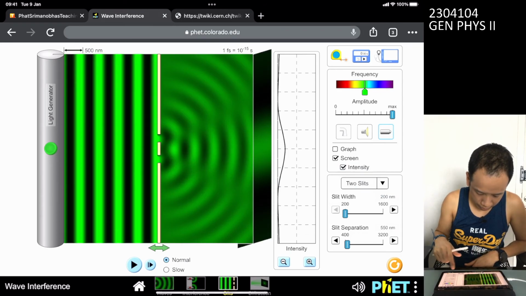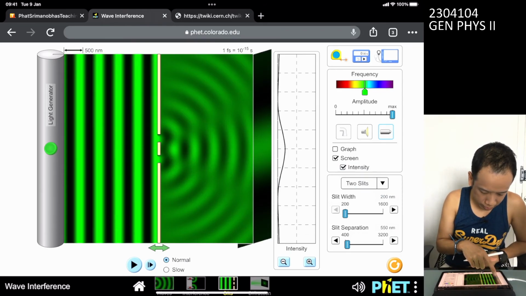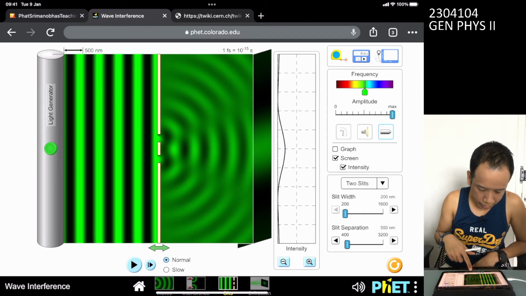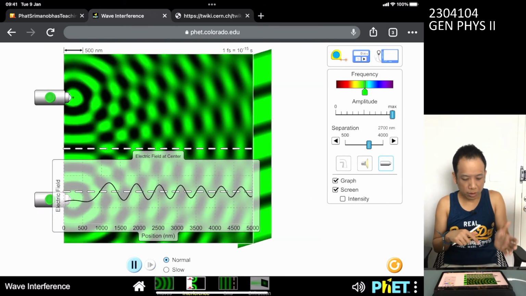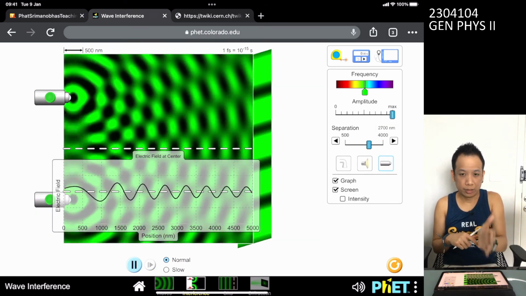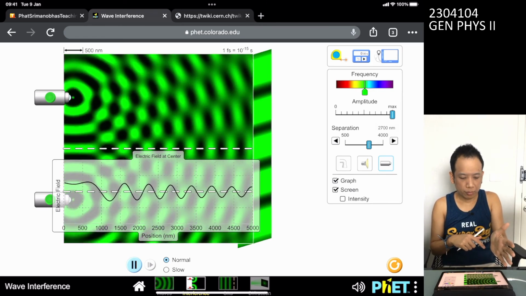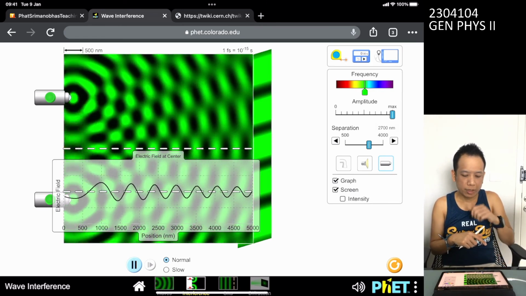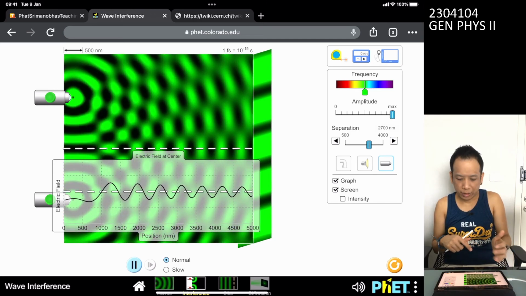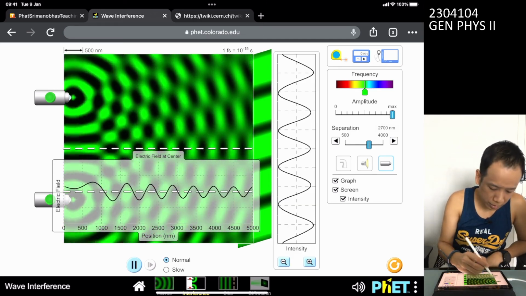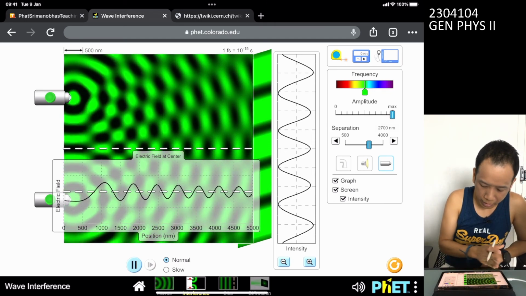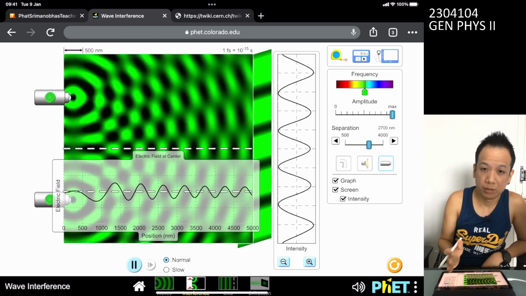Like this one, you have the light generators. I don't like this one much because I would like to have two sources, but that's fine. It can represent the two sources from the slit, and then you have a screen.